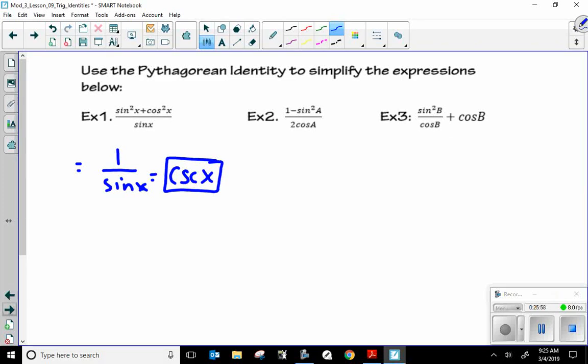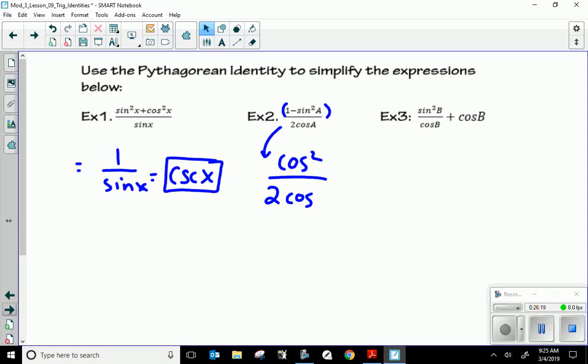So, here we go. Are you ready? Example 2. 1 minus sine squared. I think that's the same thing as cosine squared. And it is. So I'm going to say cosine squared over 2 cosine. They use a instead of an x or theta, and that's fine. So now I can cancel one of these cosines with one of these two.